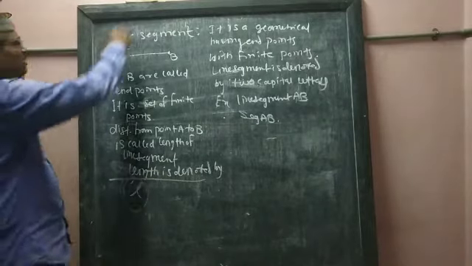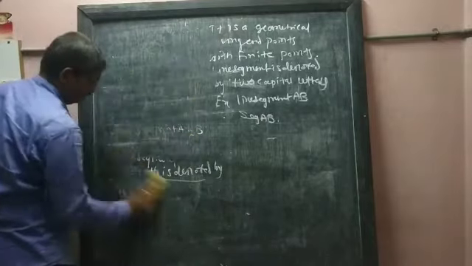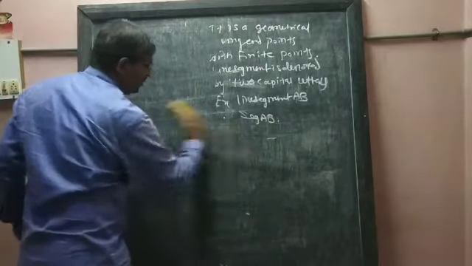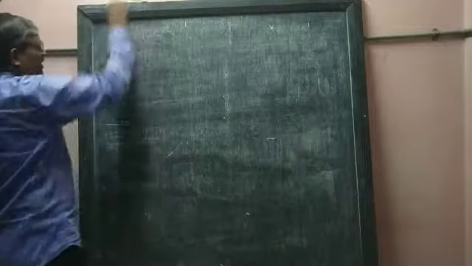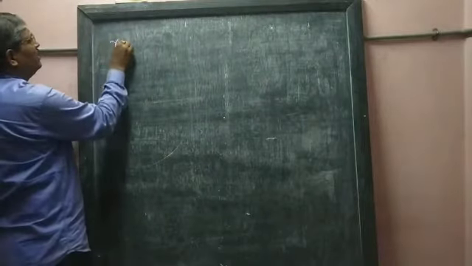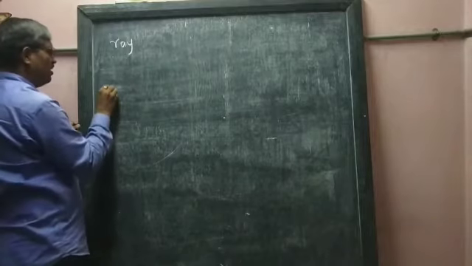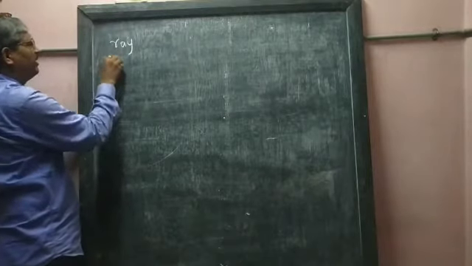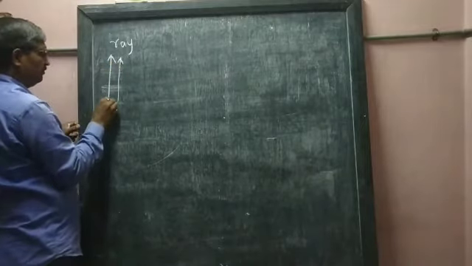Now the next concept is that of ray. Ray means what? It is a set of infinite points. A simple definition of ray is there. We will see, ray means here it originates from one point and extends to infinite distance.